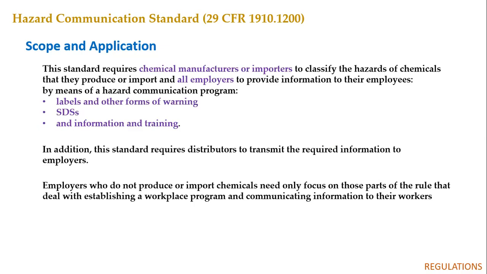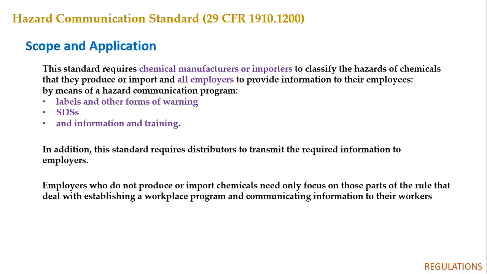Now the scope and the application of this standard. This standard requires chemical manufacturers or importers to classify the hazards of chemicals that they produce or import, and all employers to provide information to their employees by means of a hazard communication program. The hazard communication program includes labels and other forms of warning, safety data sheets, and information and training.